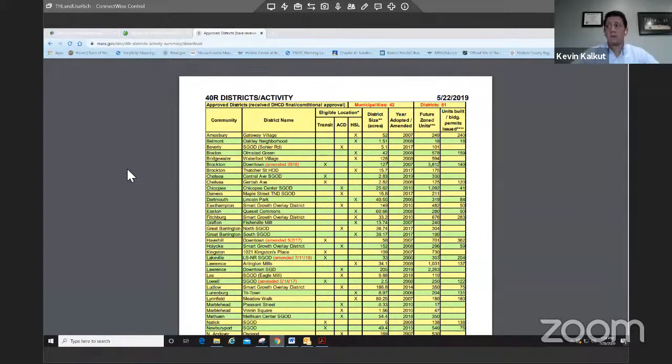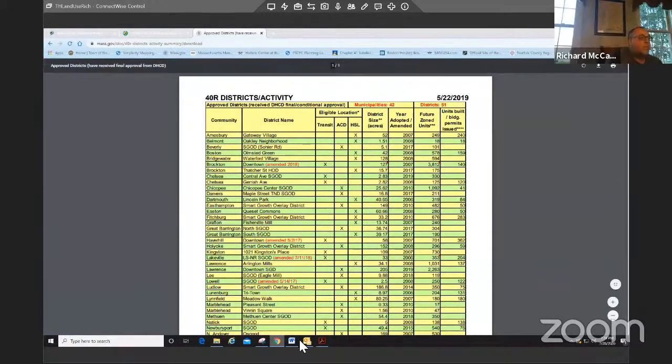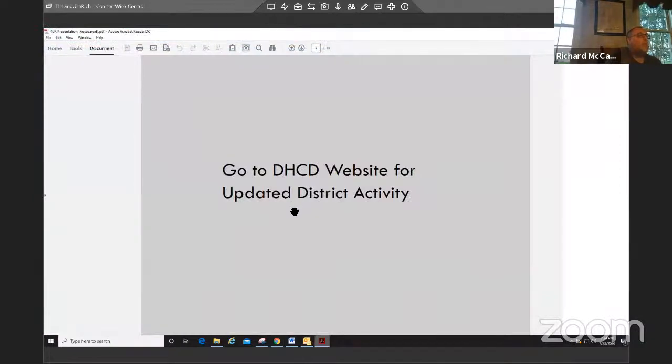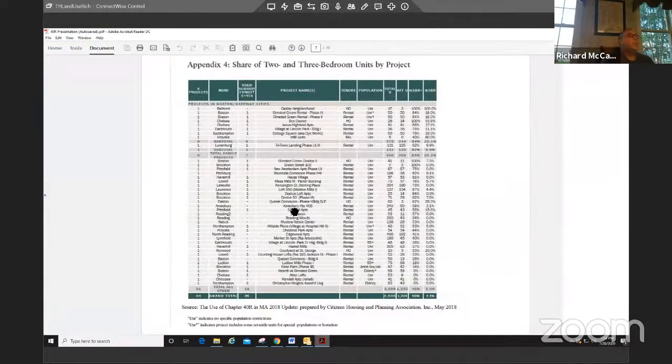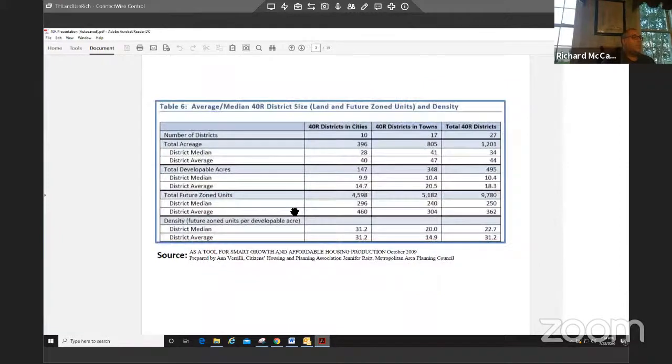There are a couple of reports that have been done that I'll be referring back to as part of this presentation, and we will post those reports on the website as well. And this is one of them actually. There was a report done in 2009 between CHAPA, Citizen Housing Planning Association, and MAPC.